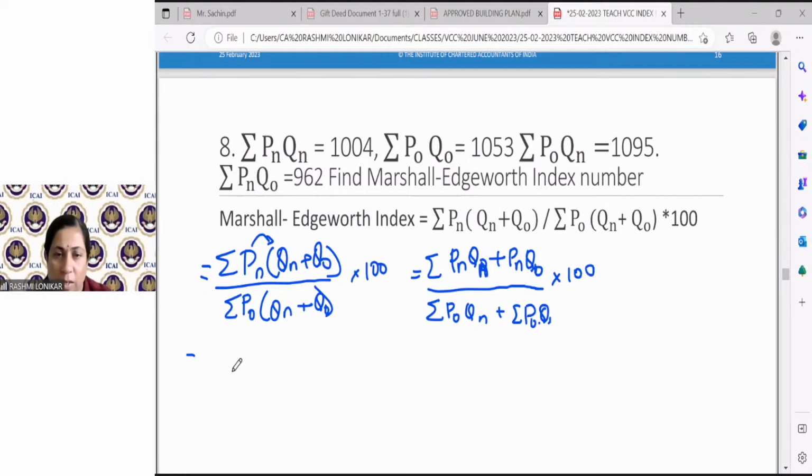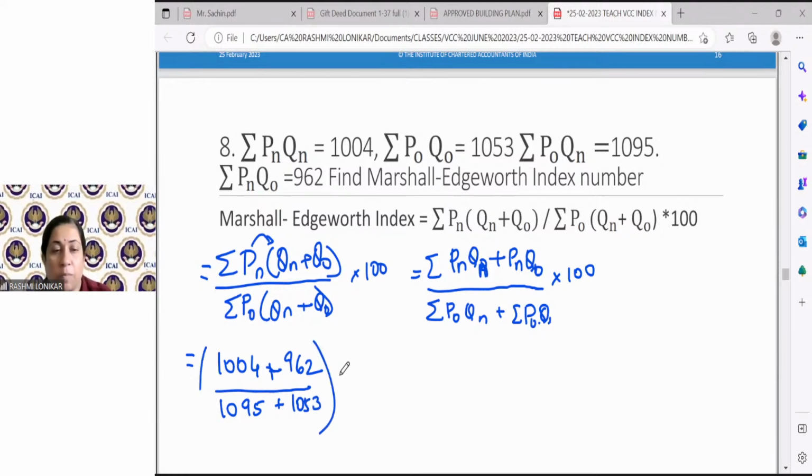So can you tell me how much is this? PnQn is 1004, PnQ0 is 962 upon P0Qn, P0Qn is 1095 plus P0Q0 is 1053. Okay, the whole thing you have to solve and then you get.